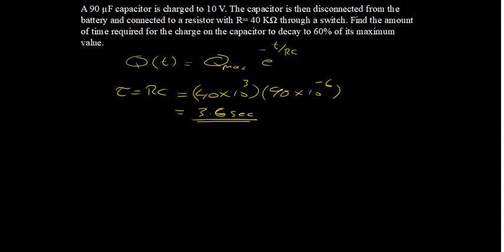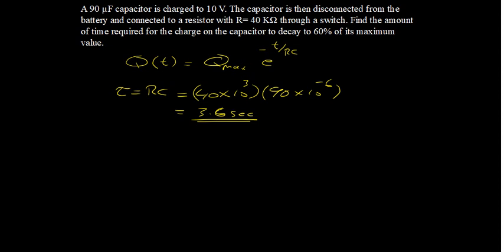Now the question is asking when the amount of charge stored in the capacitor is only 60% of its maximum. So we already lost 40%, and only 60% is left from the maximum.